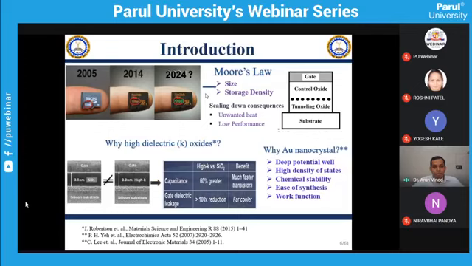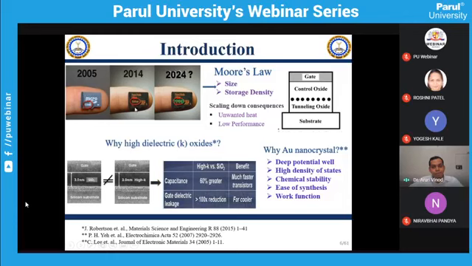In 2005, what we can see here in this figure is a small micro SD card which we all use, which had the same size but a storage density of 128 GB.